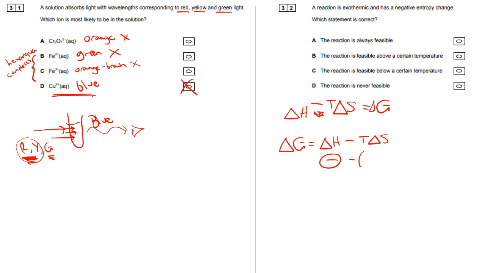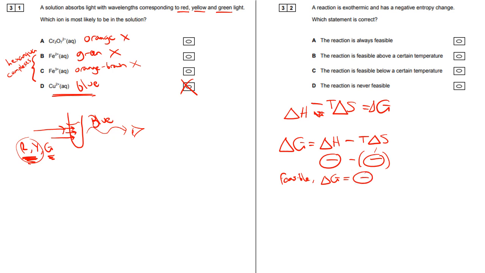Temperature in Kelvin is always positive, and it's saying the delta S is a negative value. So temperature times a negative value. So what you've got here then, the Gibbs free energy is your negative enthalpy, minus a negative answer, because delta S is negative. For the reaction to be feasible, delta G must be negative overall.